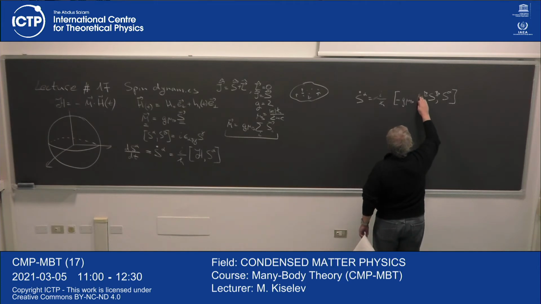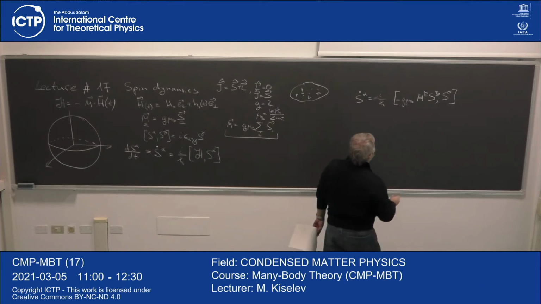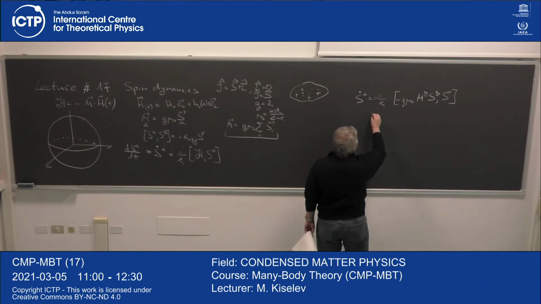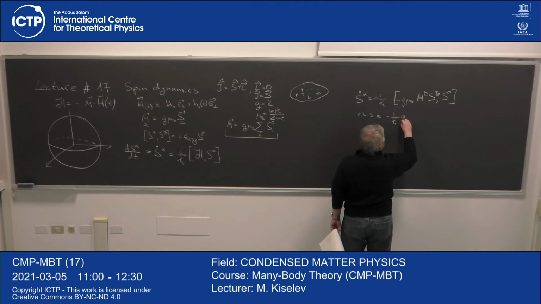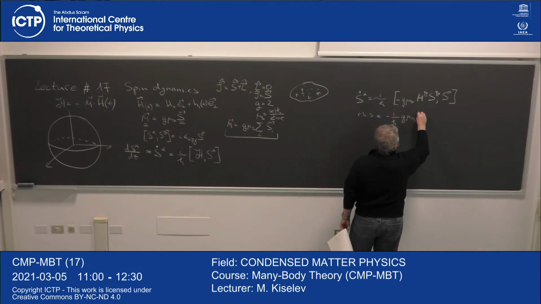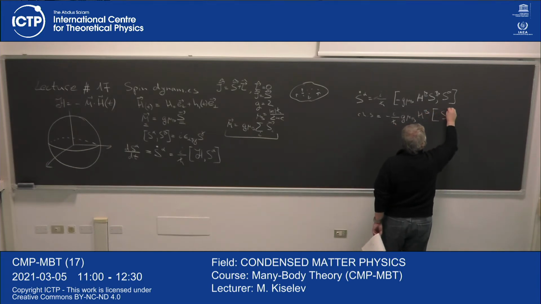And what is wrong here? This is h beta s beta. Okay, so the right-hand side is equal to minus i over h bar g mu bar h beta, and we have a commutator s beta s alpha.